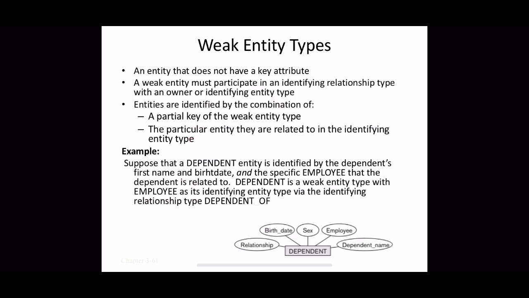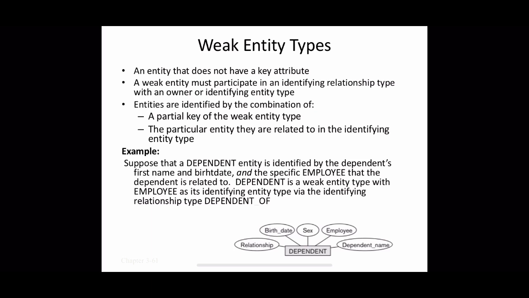So we have to learn one more thing, that is the relationship between a weak entity and the corresponding strong entity. That relationship is called the identifying relationship, and the corresponding strong entity is called the owner entity type or identifying entity type.